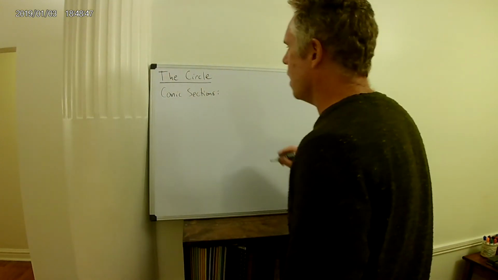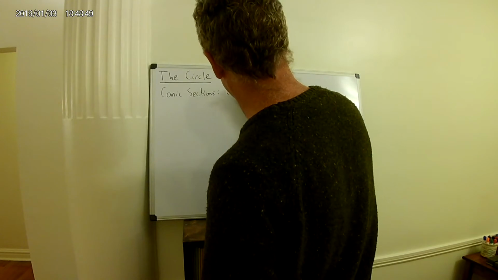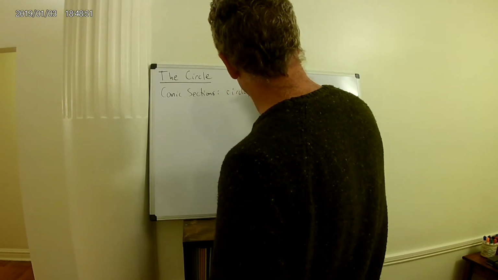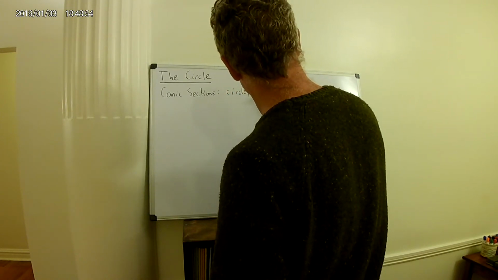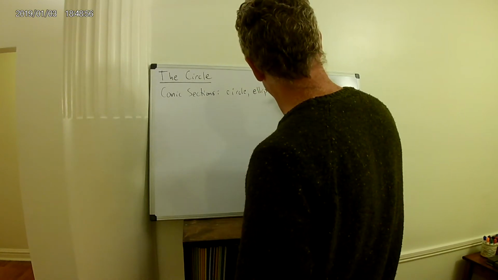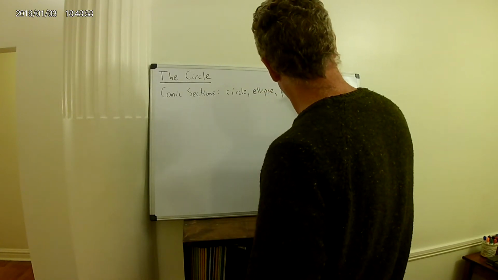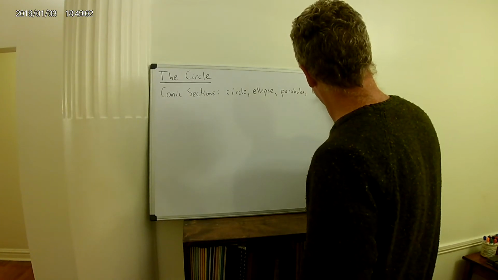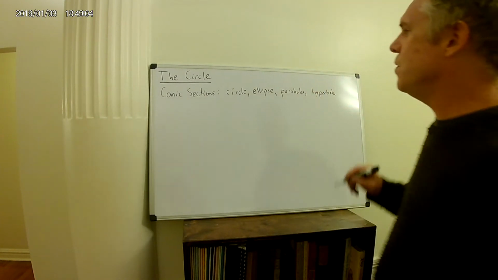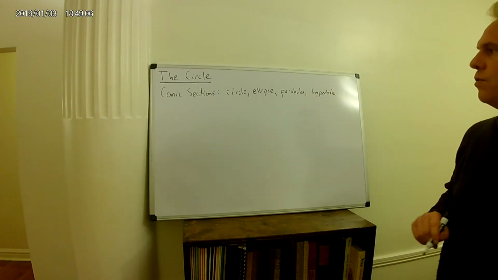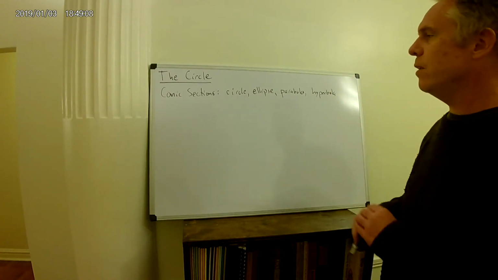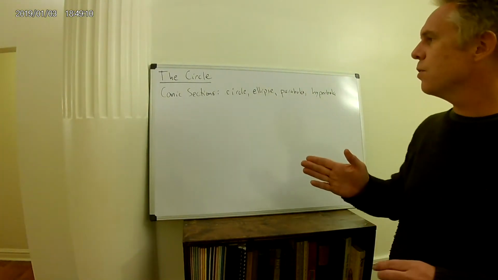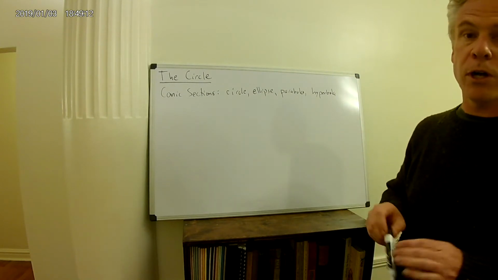There actually are four conic sections, and they are the circle, the ellipse, the parabola, and the hyperbola. And these are called conic sections because these shapes are created by taking planar cuts through a right circular cone.